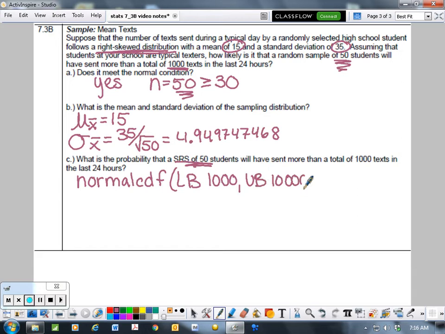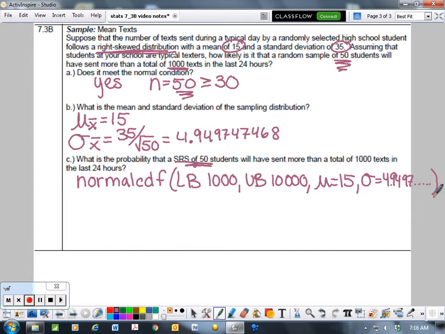We already know our mean is 15, and our standard deviation is 4.9497.